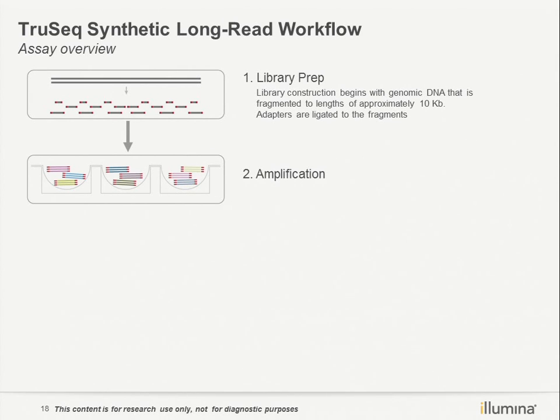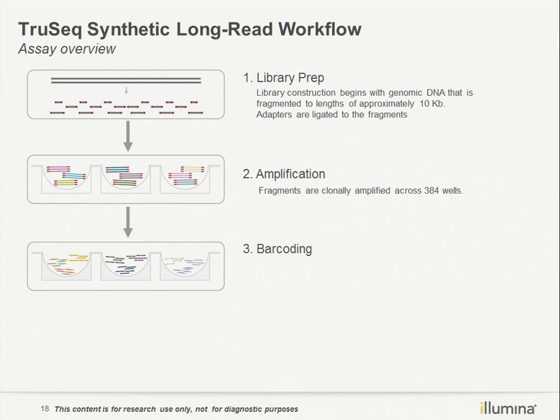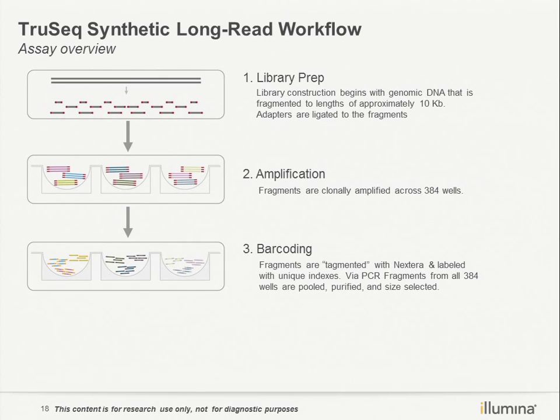Within each well, we do some PCR to amplify these fragments, and then we use the Nextera transposase enzyme to further fragment this 10 kilobase long sequence into small sequences. These small sequences are ready for our SBS sequencing.